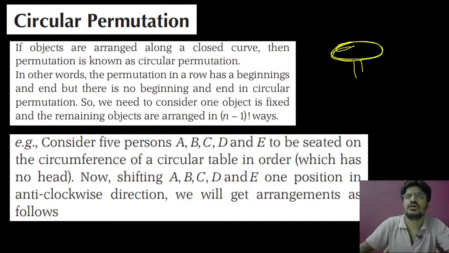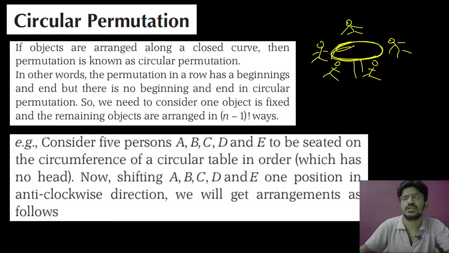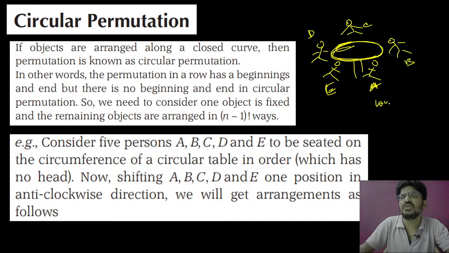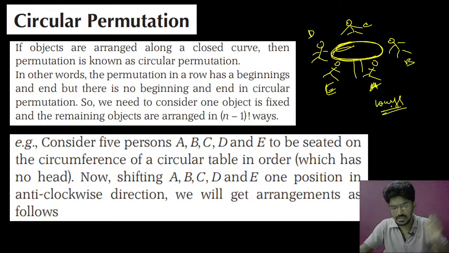Now I want to make these 5 persons, A, B, C, D and E, sit around this table. In how many ways can I make them sit?